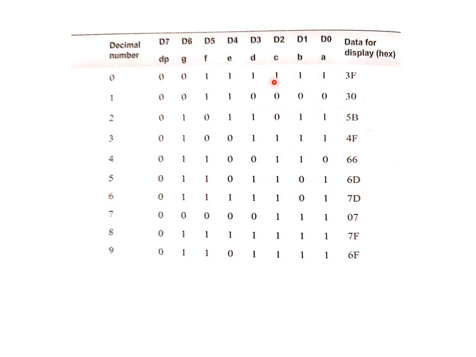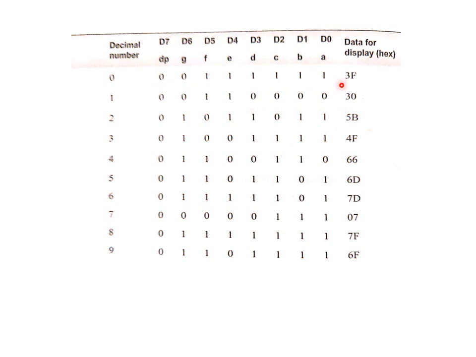A, B, C, D, E, F should be on and G should be off. You can check the previous slide, where I showed this neatly. For 0, G is off and all the rest are on, that is 1. The decimal point is always 0 here.